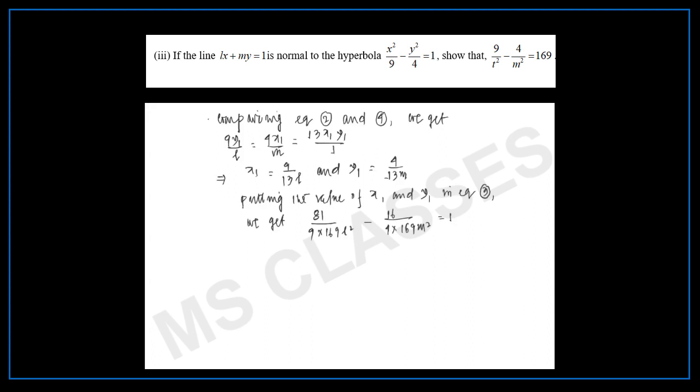And from this we get 9 by L square minus 4 by m square equal to 169, which is the required condition.